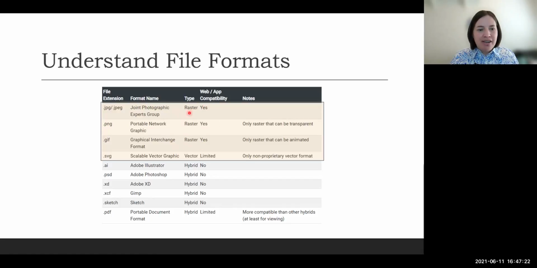Out of the raster images, PNG can be transparent. I'll show you that. And then GIF, which can be animated. SVG, scalable vector graphics, are pretty nifty because instead of being a raster type, they're a vector type, which means instead of the file consisting of a whole bunch of different pixels, it's actually different vectors, like equations for lines almost.